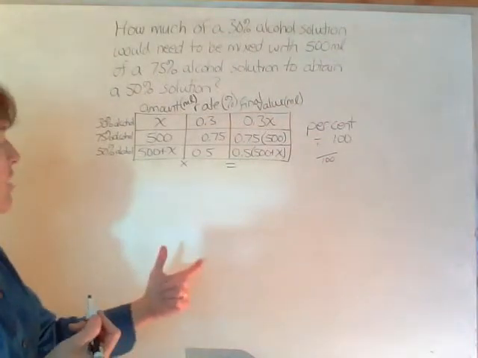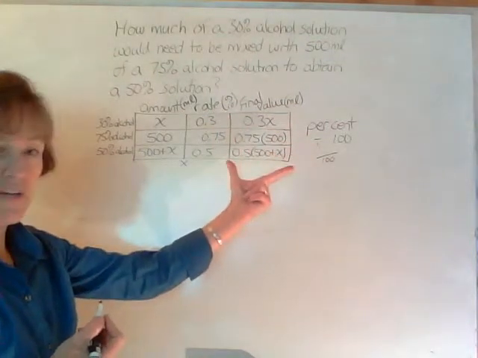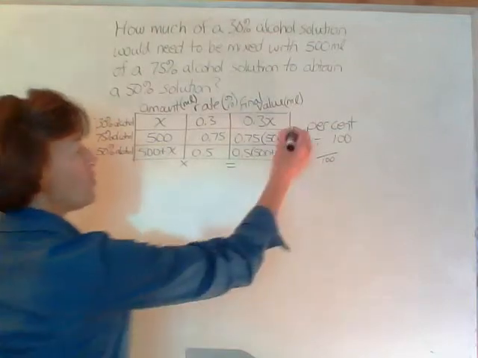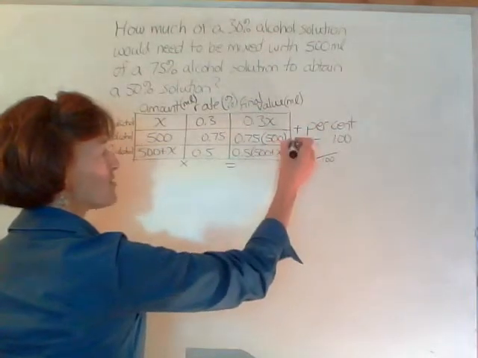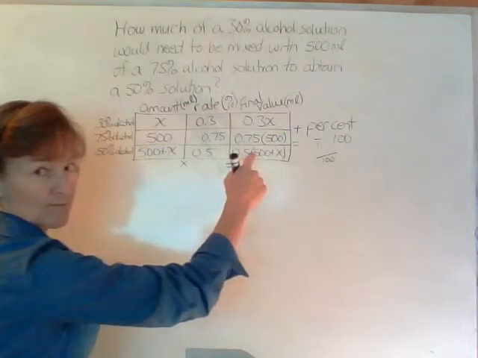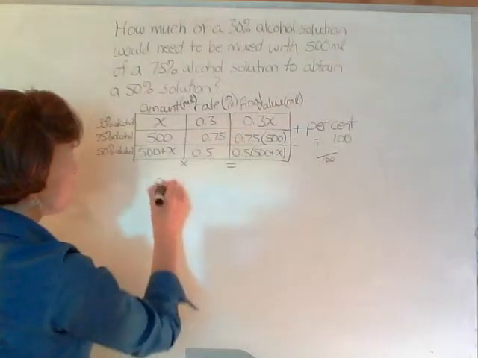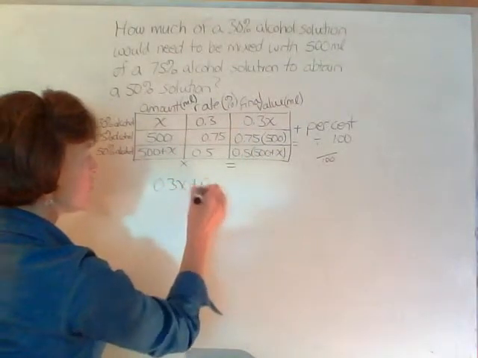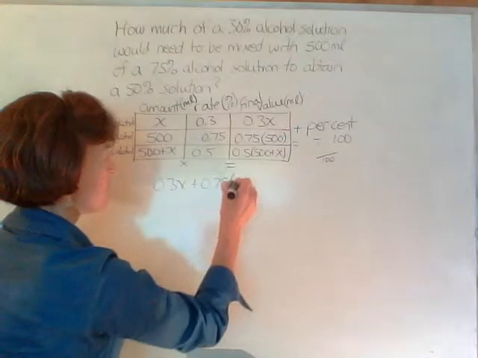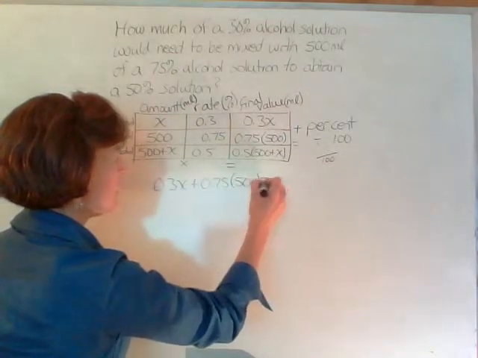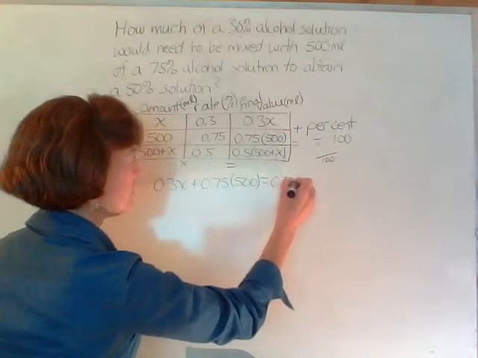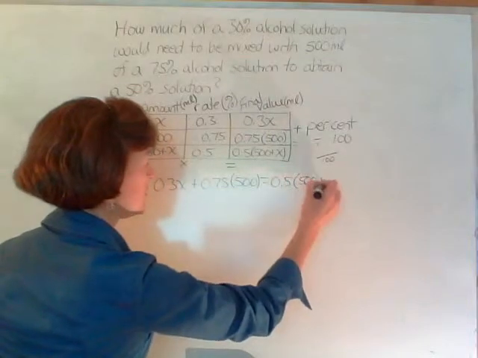So my equation always comes off the final value column, and I always add the first two boxes to get the last box. So I add 0.3x plus 0.75 times 500 equals 0.5 times 500 plus x.